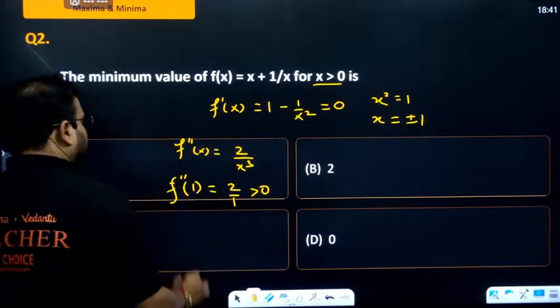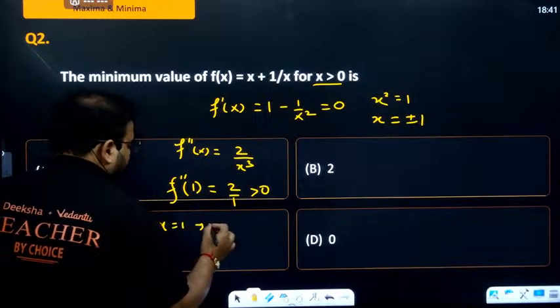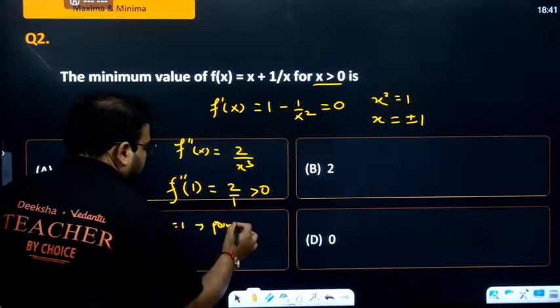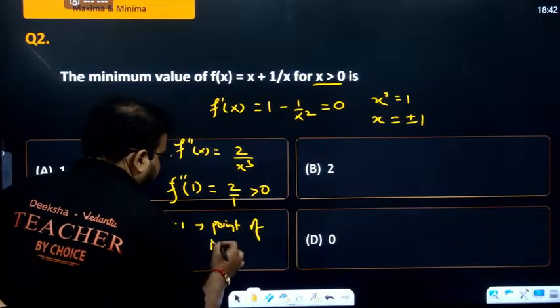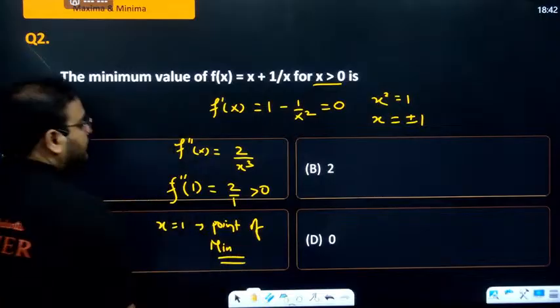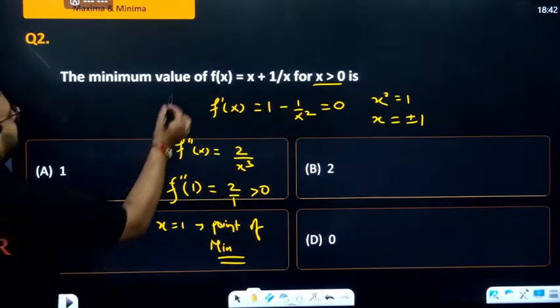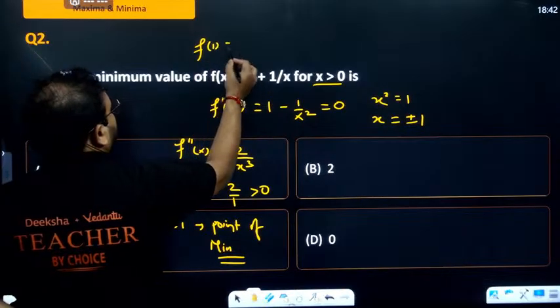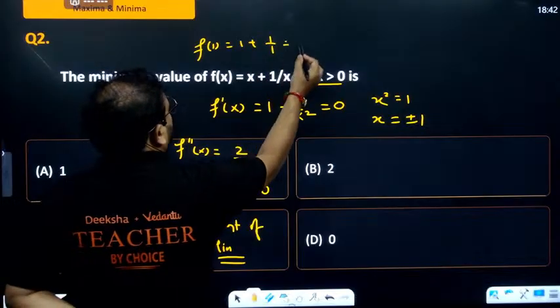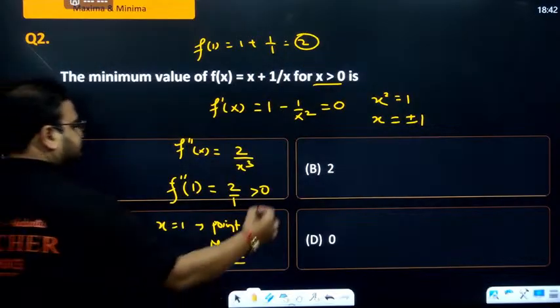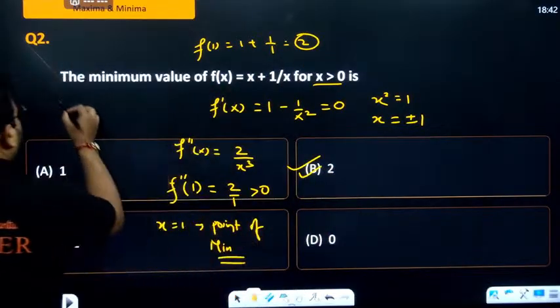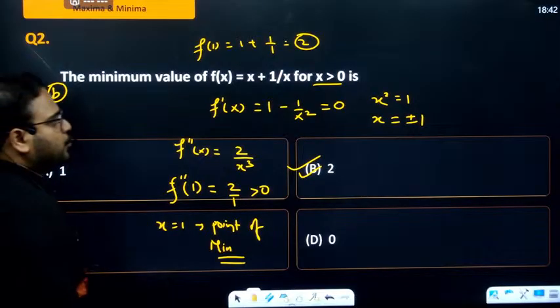So this is the point of minima. So find the value of the function at 1. You get f of 1 as 1 plus 1 by 1, that is 2. Option B, 2.